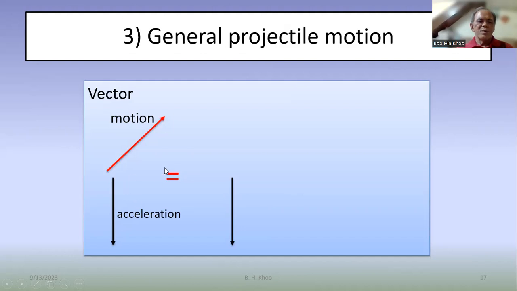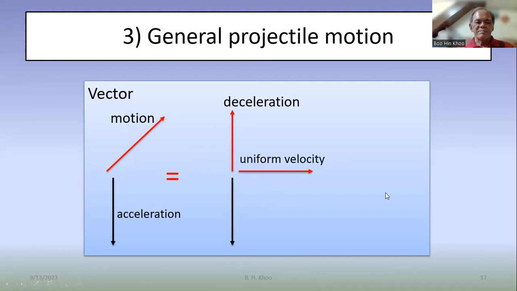So we usually resolve the velocity of projection into two components, one horizontal and one vertical, instead of representing it with one. As it goes outwards, because gravity is pulling it downwards, there is deceleration vertically. Horizontally, it has uniform velocity. The weight of the object is pulling it down.